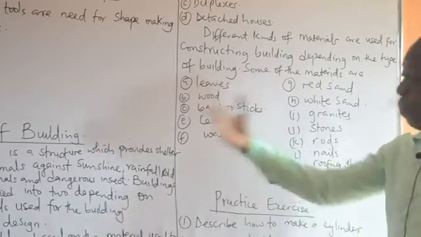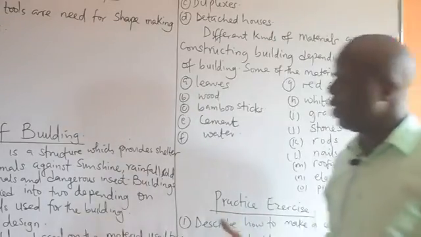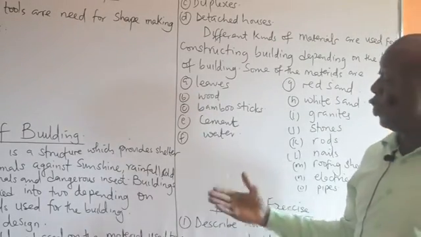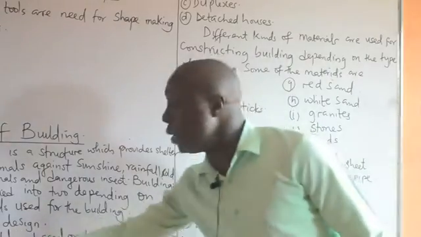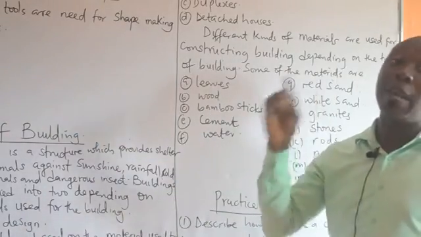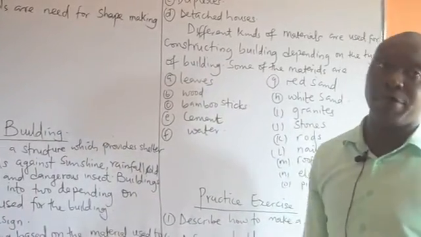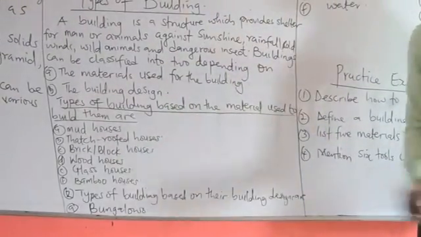Then type of building based on the material used to build them. We have mud houses. Mud houses is a good example of a building, but these mud houses are mostly found in a rural area.